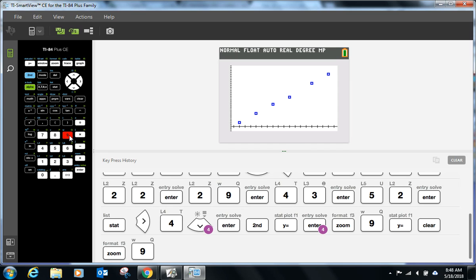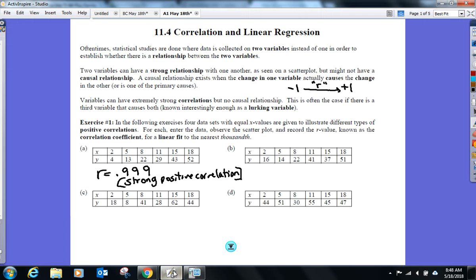So take a look. This graph has a strong positive correlation, based on this graph. We good? All right, let's go a little quicker now through the rest. Anytime you want to look at a scatter plot, look at zoom stat.